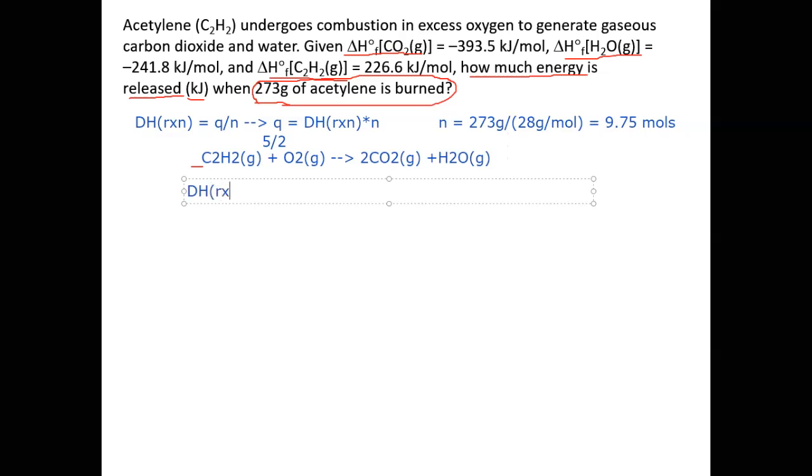Delta H of reaction. You could call it delta H of combustion too, because it is a combustion reaction. We have 2 times negative 393.5 plus 2 times negative 241.8, subtracted from 226.6.